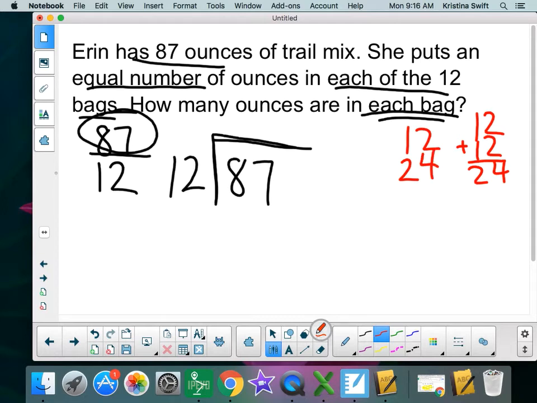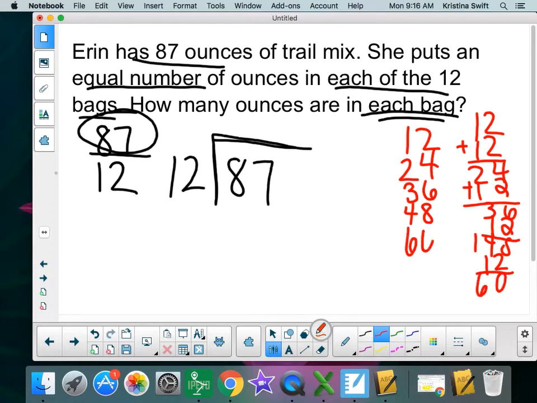I'm not close to 87, so I'm going to add 12 again. That gives me 36. Going to add 12 again. I get 48. I'm going to add 12 again. I'm trying to get as close as I can to 87. So that's 60.